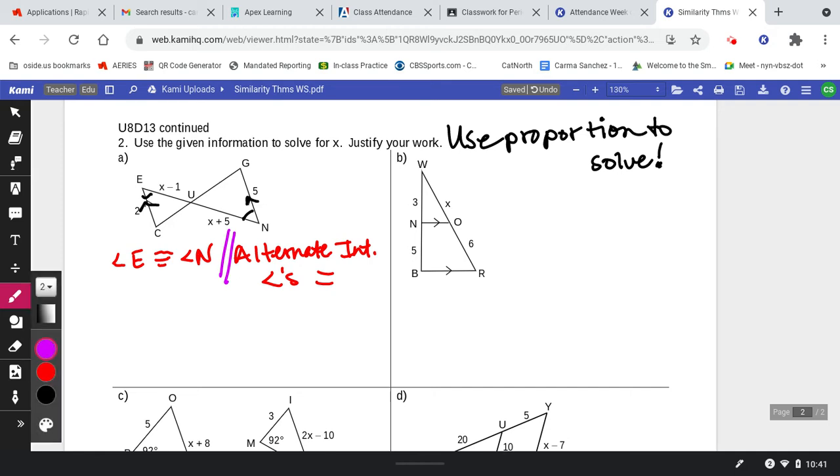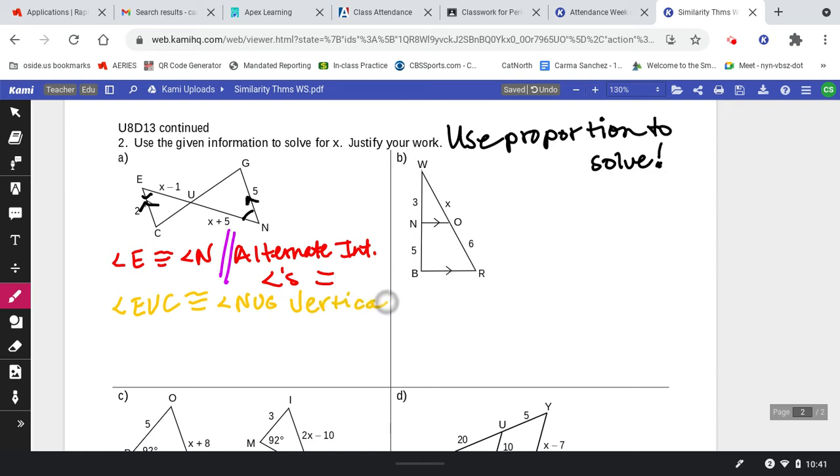Next I can say, you see the other one staring at you, that angle EUC is congruent to angle NUG. And the reason for that one, do you know it? Good, is vertical angles are equal. Remember that for triangle similarity, I only need 2 angles.